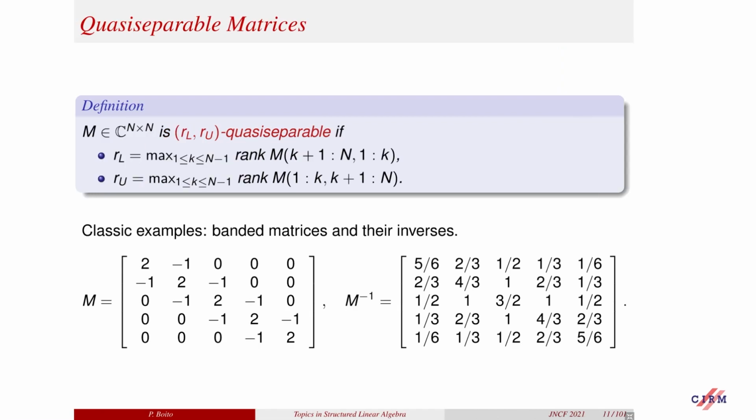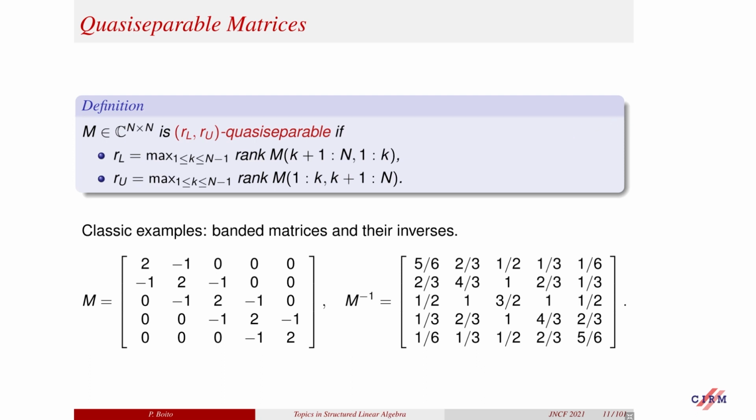We say that an n times n matrix M, which we assume to be complex in general, could be real, is (RL, RU) quasi-separable, with orders of quasi-separability RL and RU, if all the submatrices taken from the lower triangular part of the matrix have rank at most RL, and all the submatrices taken from the upper triangular part of M have rank at most RU.